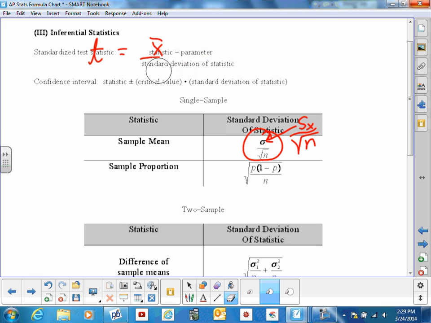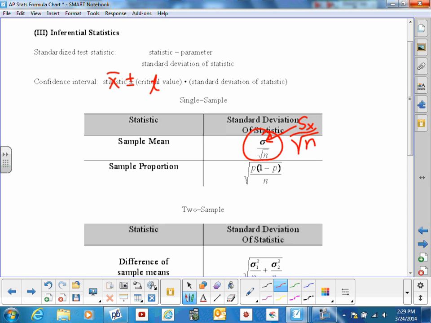Okay, and so now let's do the interval. The statistic for this interval is what? X bar, that is your sample mean. Plus or minus the critical value, that's your T star. And how will I compute it?